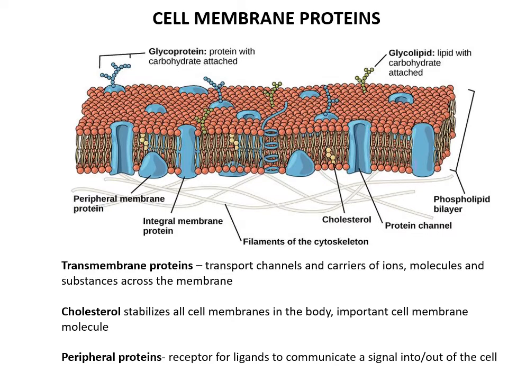They can be involved in signaling to cells that are adjacent to them. So you have peripheral proteins, whether they're on the inside or the outside of the cell membrane, and then you have transmembrane proteins that are typically transport channels and carriers of ions in and out of the cell.